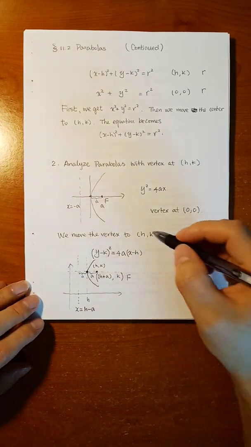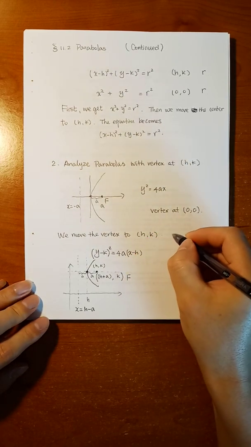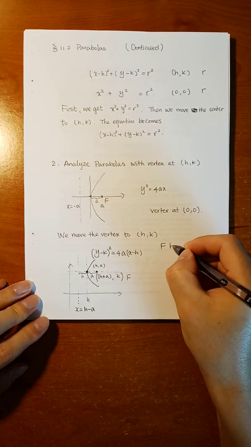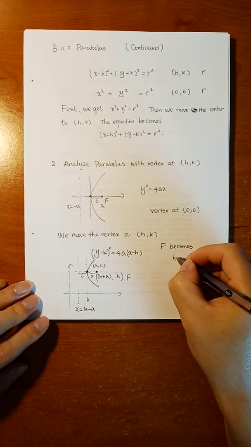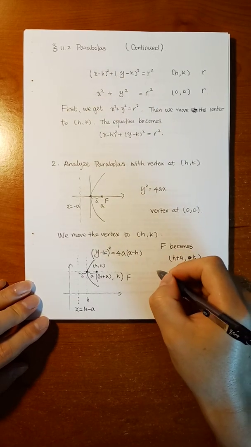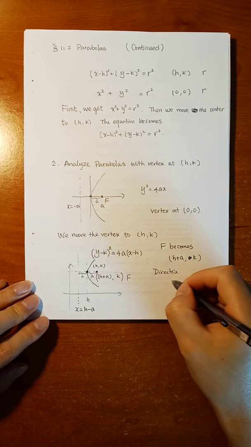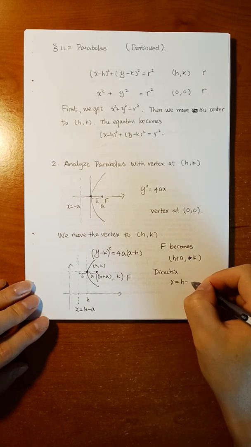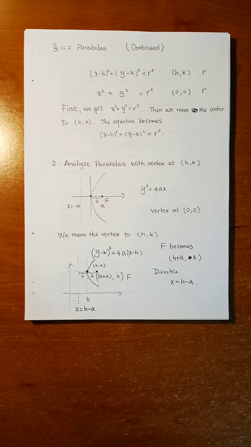So after you move the vertex to (h, k), the focus becomes (h plus a, k). The directrix is x equal to h minus a.